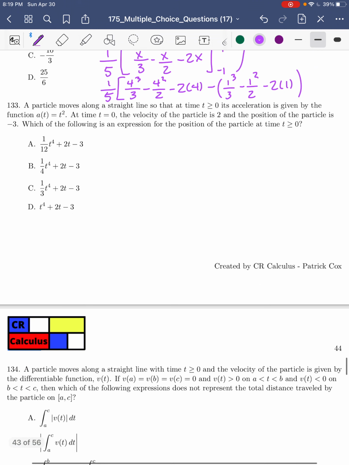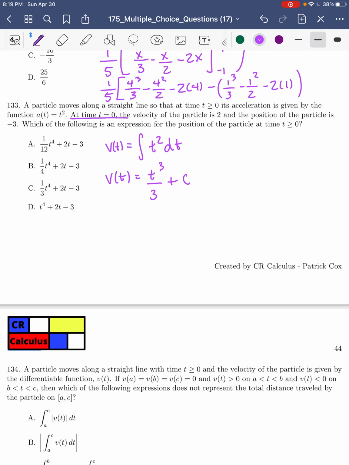All right, 133. They give us our acceleration, and they want a position. So I know if I'm going from acceleration, I want to get to velocity. I take the antiderivative, which tells me velocity here is going to be t cubed over 3 plus c.